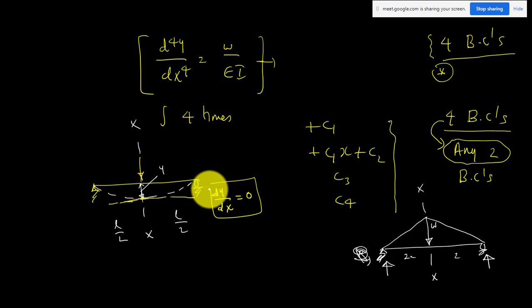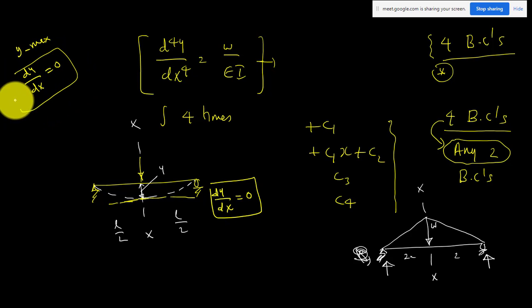So if y is maximum, your dy by dx will be equal to 0. That is the mathematics: y is maximum, dy by dx is 0. But what is the physical meaning for the beam? If y is maximum, at that point the slope of the beam will be 0. So you can use this condition.